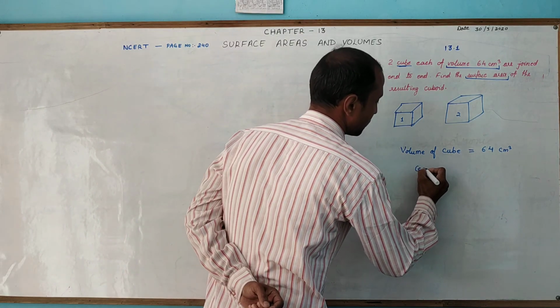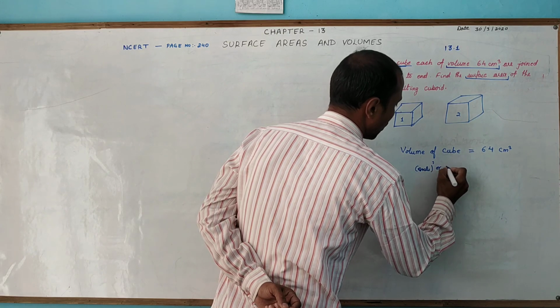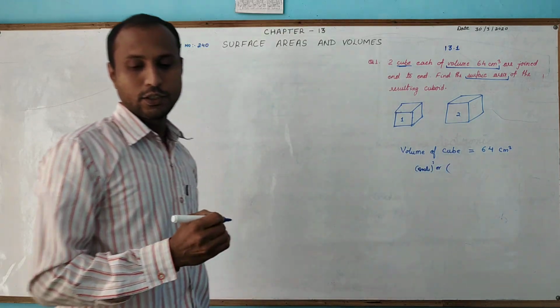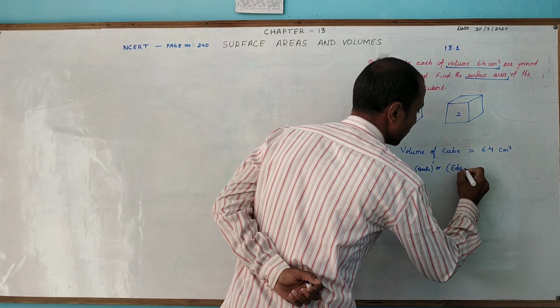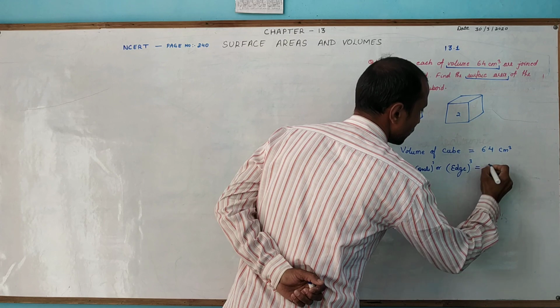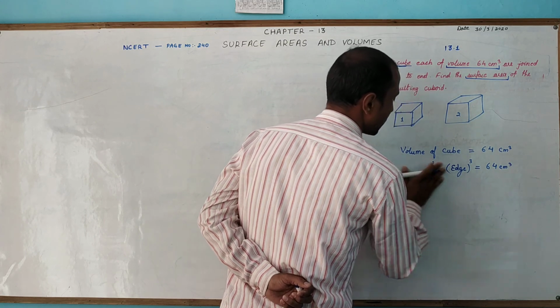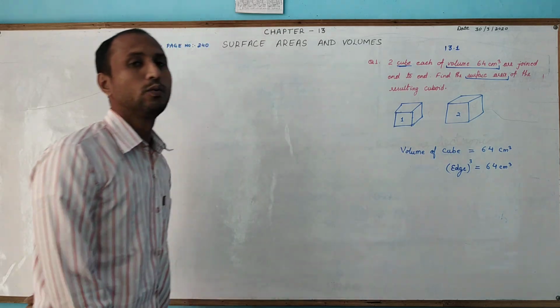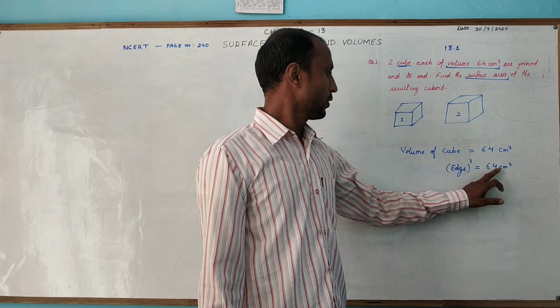So you can write either side cube or edge cube is equal to 64 centimeter cube. We will take edge cube because it is written cube only. Now once we shift the cube to the other side, one edge is equal to the cube root of 64 centimeter cube.